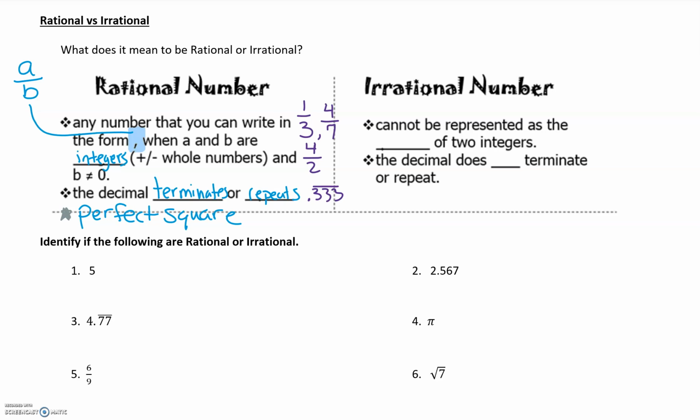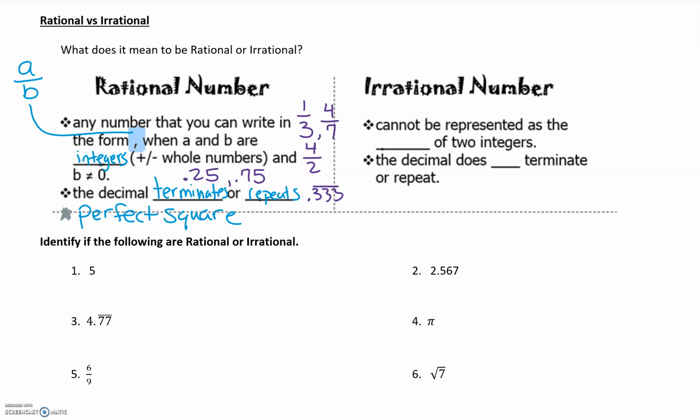A decimal that terminates is a decimal that stops, like 0.25 or 0.75 or 0.1625, because we know that 0.25 is the fraction 1/4, which fits that A over B form.